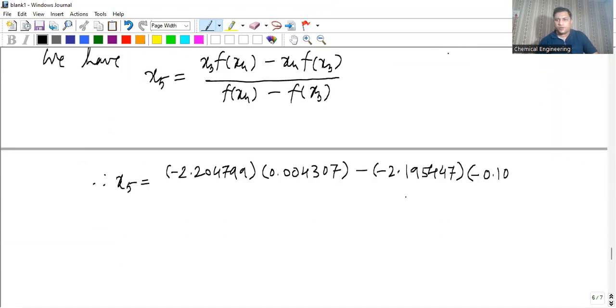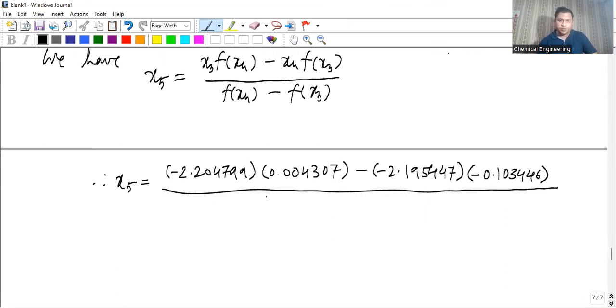And all this term divided by 0.004307 minus 0.103446. Yes, so calculate this.